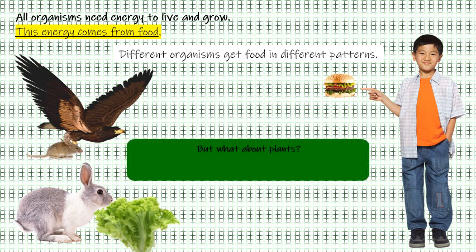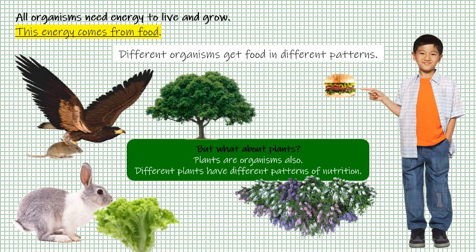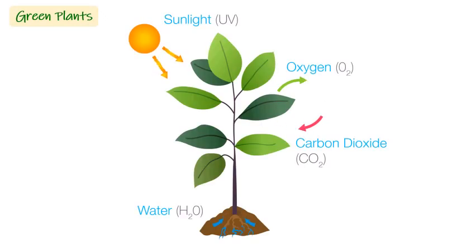But what about plants? Aren't plants organisms too? Don't they need food to grow healthy? Yes, they do. Different plants have different ways to get their food. Let's check some of these ways. Green plants. Green plants cannot find their food and consume it.